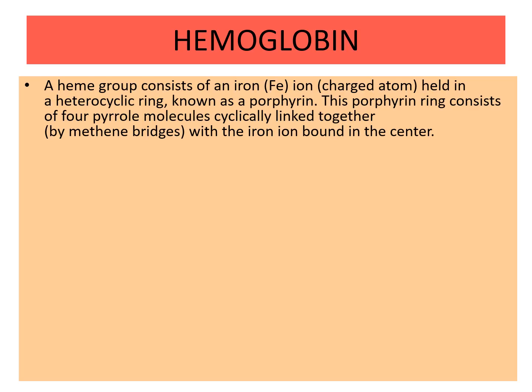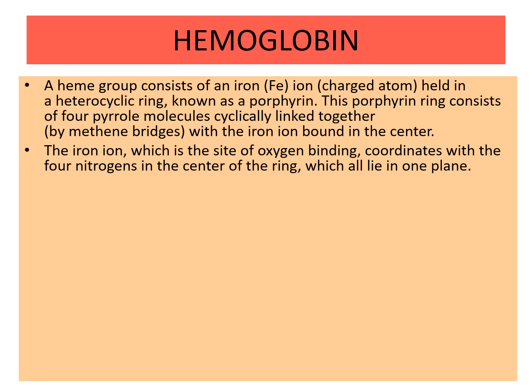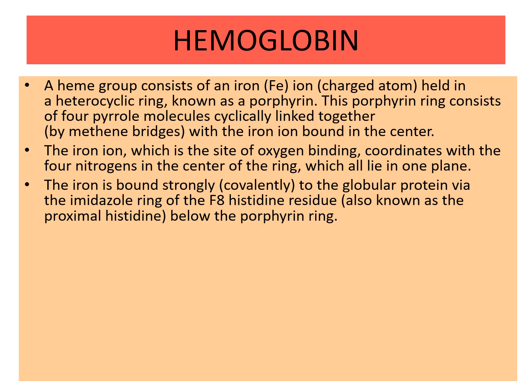This porphyrin ring consists of 4 pyrrole molecules cyclically linked together by methane bridges with the iron bound in the center. The iron, which is the site of oxygen binding, coordinates with the 4 nitrogens in the center of the ring, which all lie in one plane.